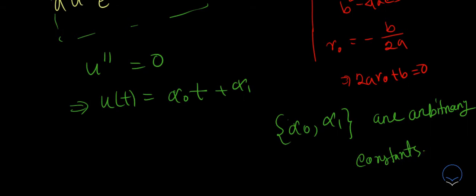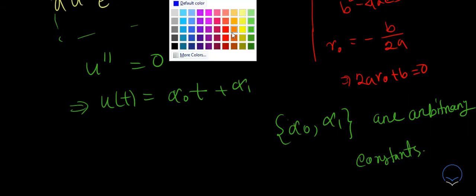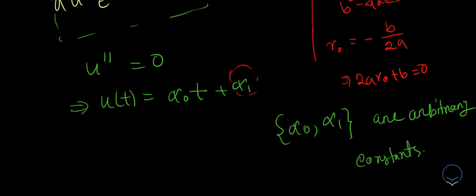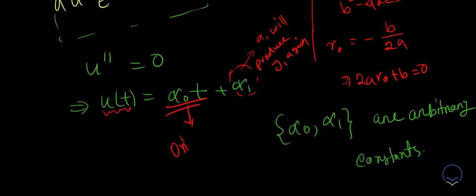Now, is this it? The answer is no, because this alpha 1 will produce y1 again. So what you need to do is just take this part. This is the only relevant part.